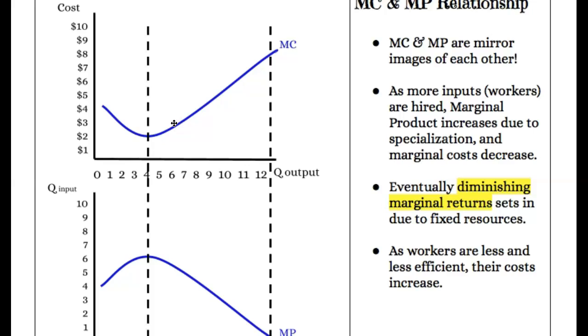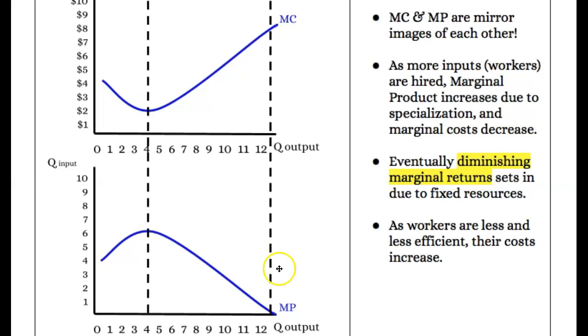It's costing the firm a little bit more per additional unit because they're producing a little bit less output. And when marginal product equals 0, each additional worker is not contributing to your total product. Your total product is actually decreasing, so their output is not helping you at all.